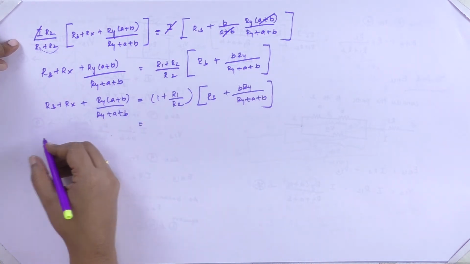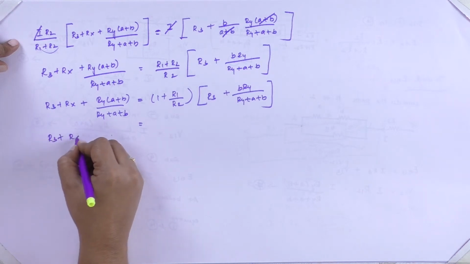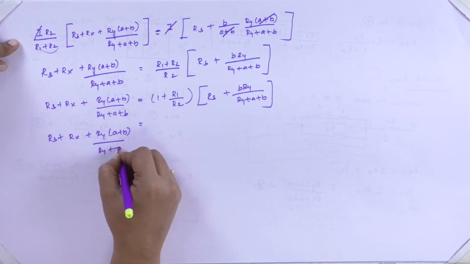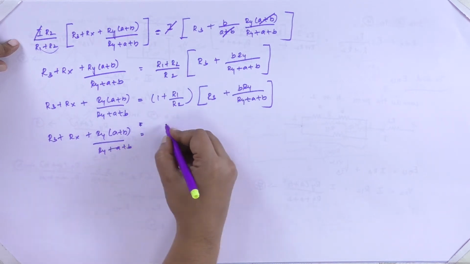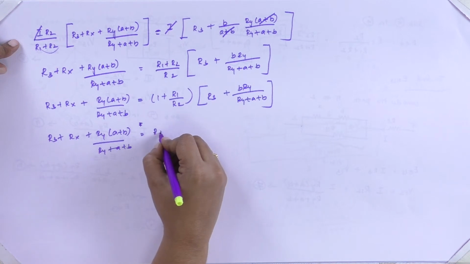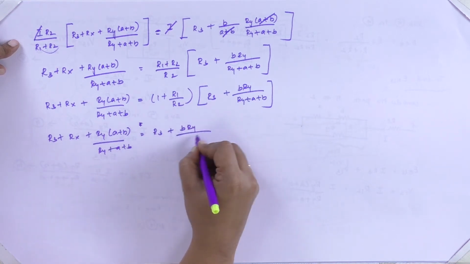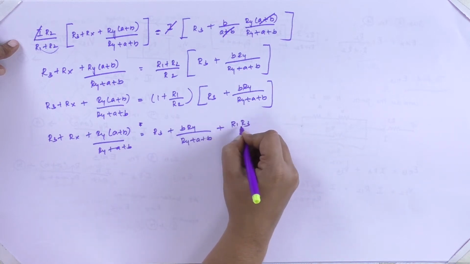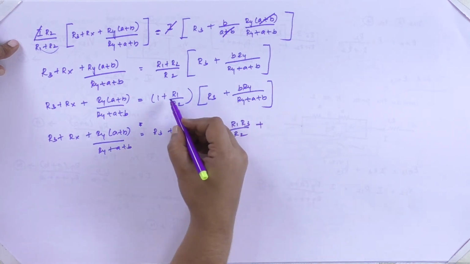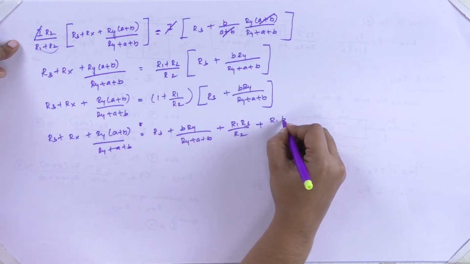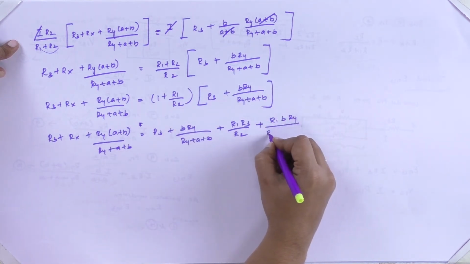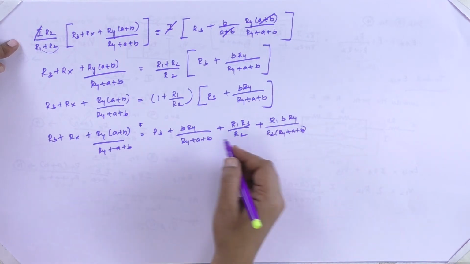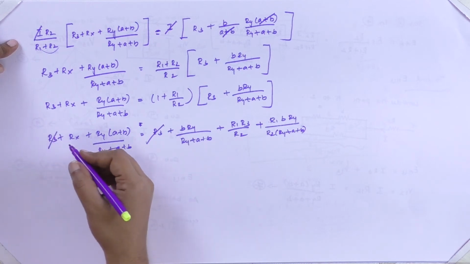So the left hand side remains the same, and the right hand side will be equal to R3 plus B into Ry divided by Ry plus A plus B plus R1 R3 by R2 plus R1 B Ry divided by R2 into Ry plus A plus B. So R3 will get cancelled.